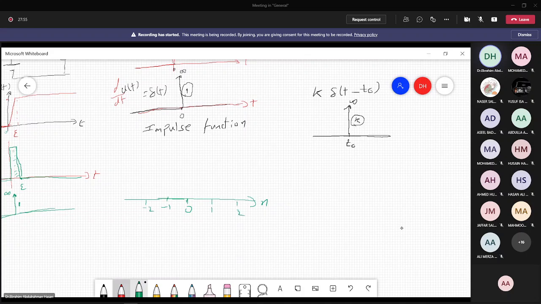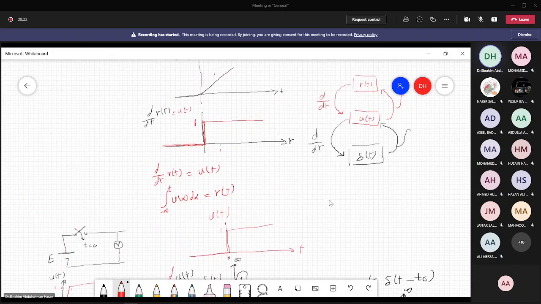It is equal to 0 for all n, except at 0 the height equal to 1. So there is a difference between delta n and delta t. Delta t at 0 goes to infinity, while here the height is equal to 1. Length equal to 1, this is height equal to 1. Clear?